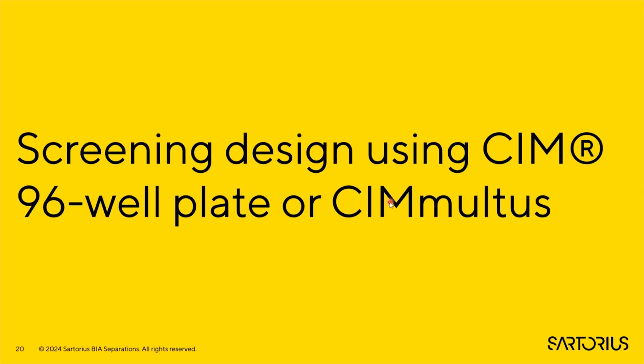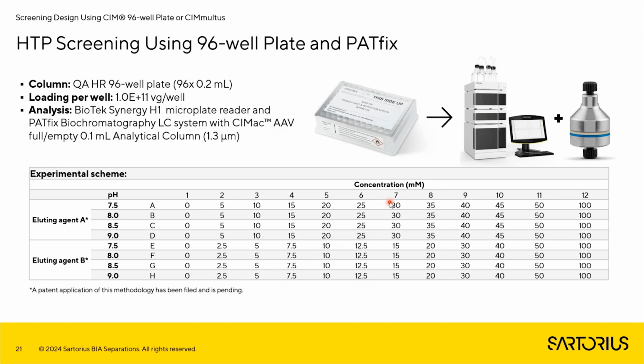So now that we have selected the media, we want to do the screening design. Here I will present the 2 approaches that we recommend and also offer in our portfolio. The first one shown here is high throughput screening using 96 well plates coupled with our PETFIX system and also the analytical column.